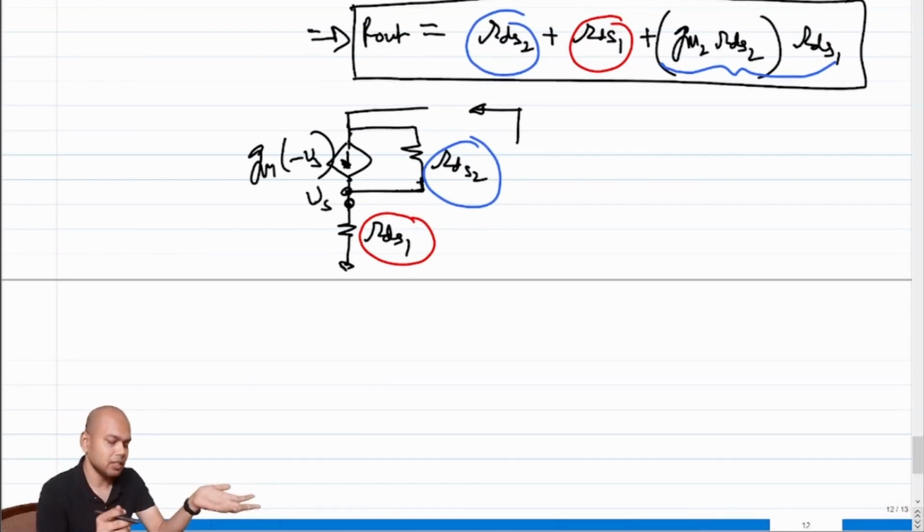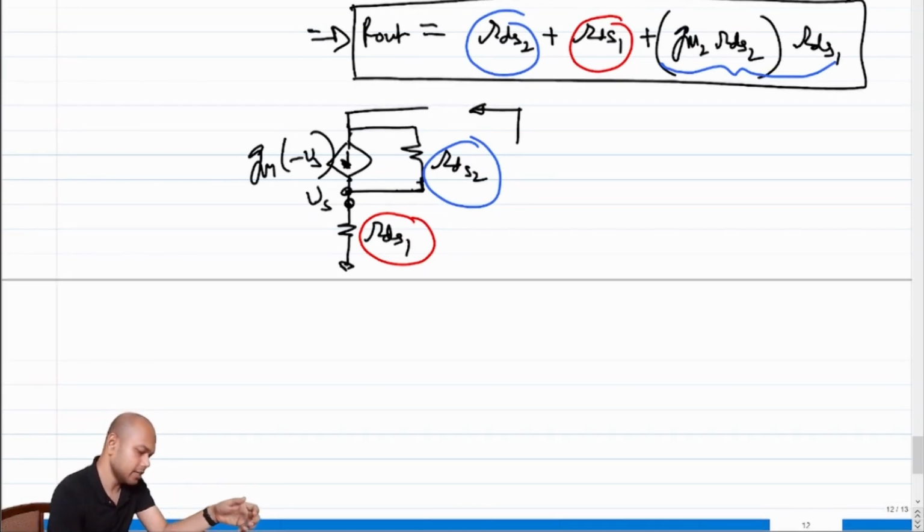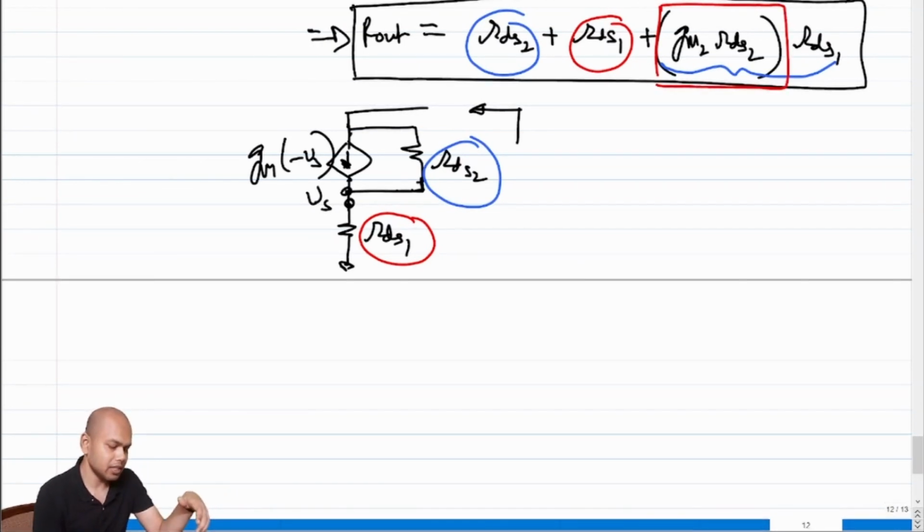So in other words, we still expect gm times rds to be much greater than 1. If that is the case, then this is the term that dominates. In the absence of the current buffer, what would have been the output resistance?